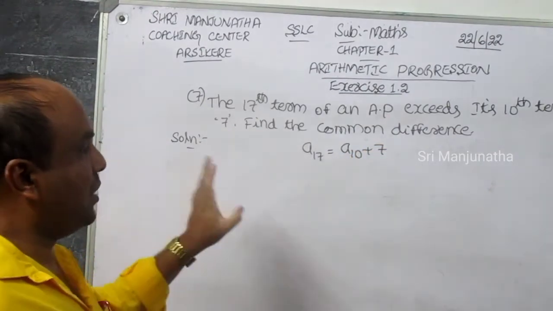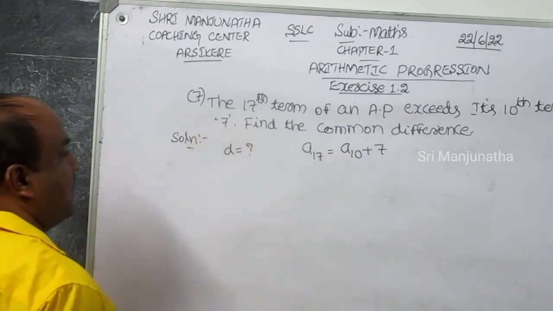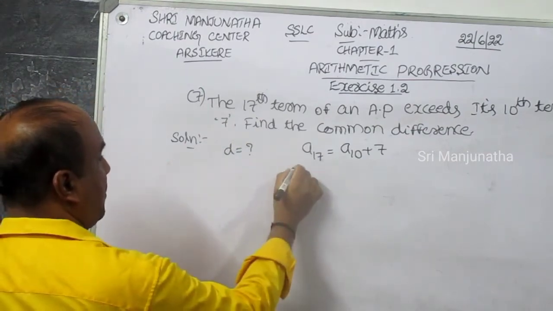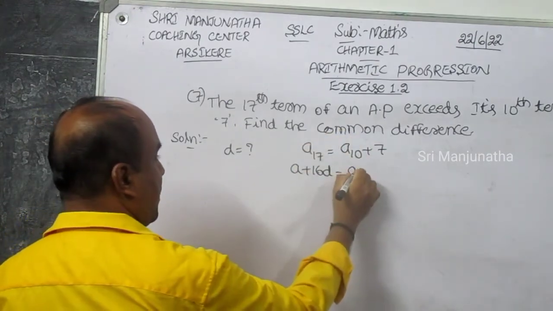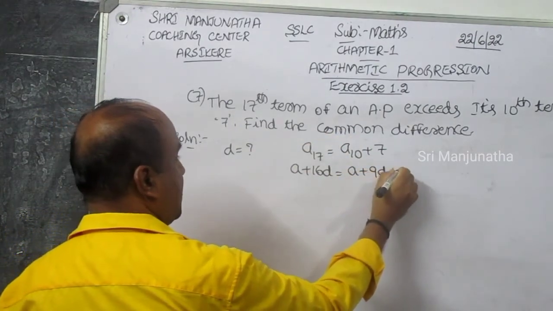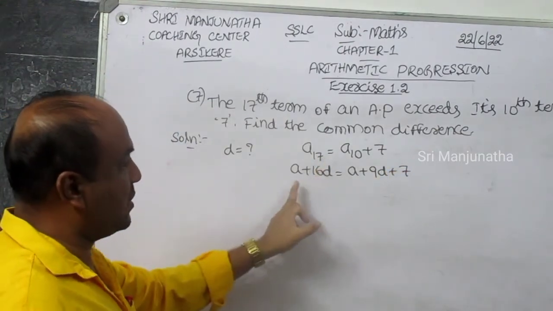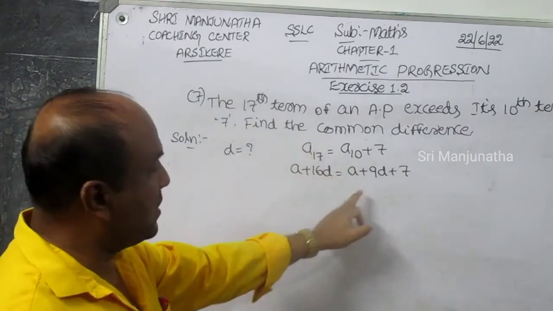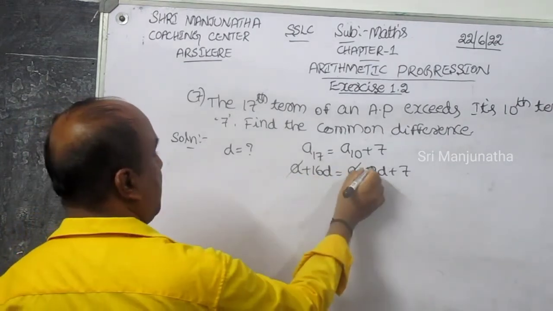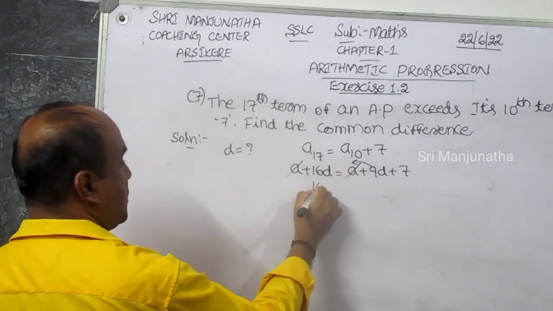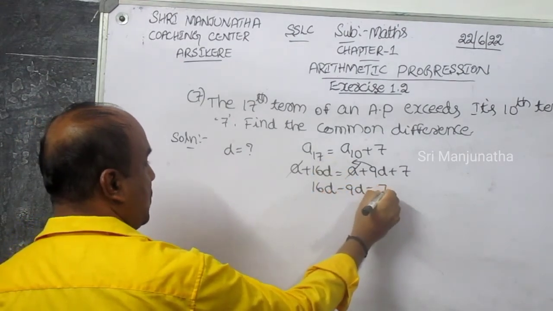The common difference is to be found, we should find the value of D. A17 is written as A plus 16D and A10 is written as A plus 9D, plus 7. A17 means A plus 16D, A10 means A plus 9D, plus 7. The A and A cancel out, and the 9D comes to this side: 16D minus 9D is equal to 7.